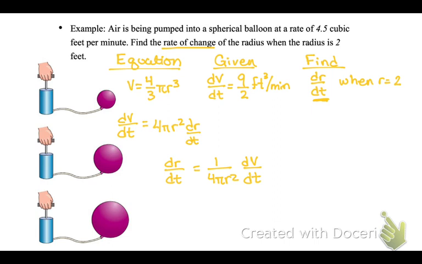So now what do we do? Now we just plug things in. So dr/dt equals 1 over 4 pi times 2 squared times 9 halves.